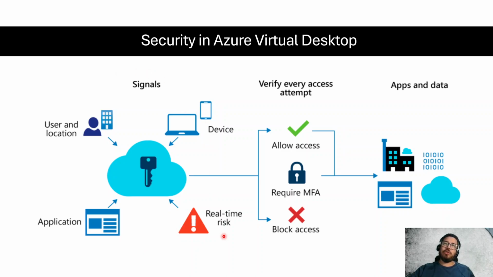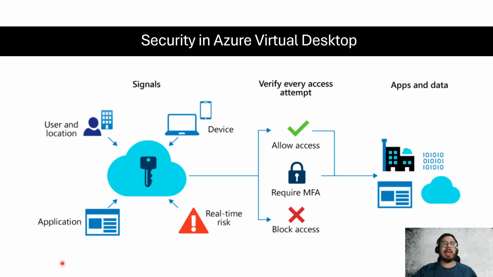So if the user or the system complies with all the requirements, they will allow me access to the portal of Azure Virtual Desktop. So I have this first layer.